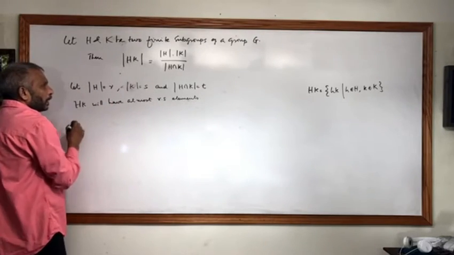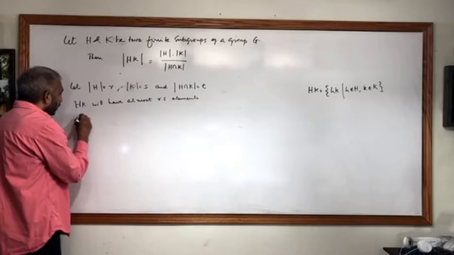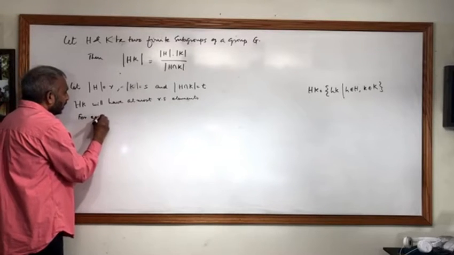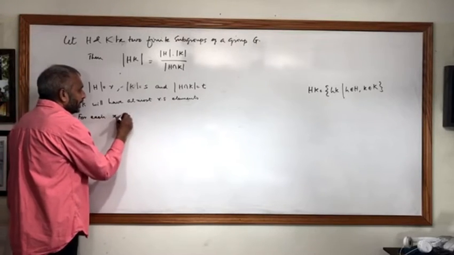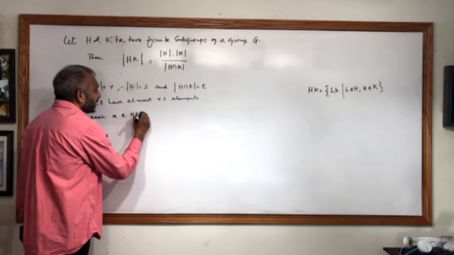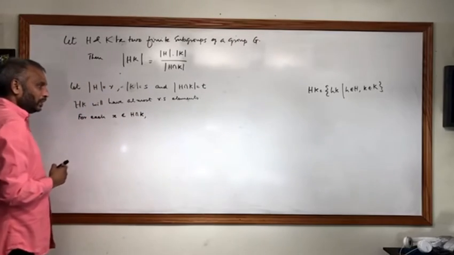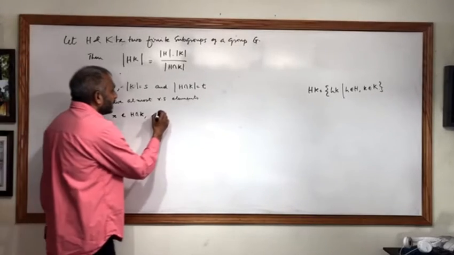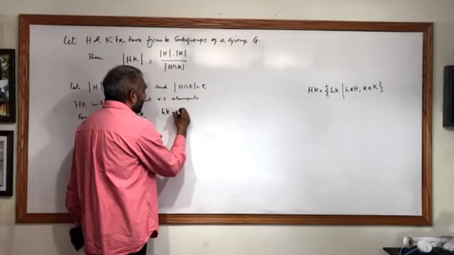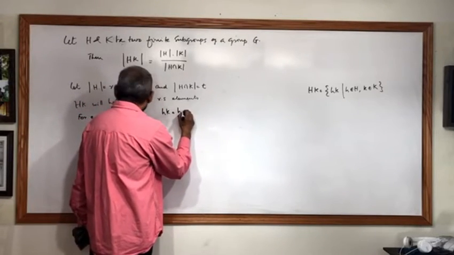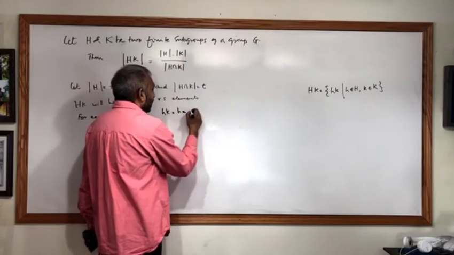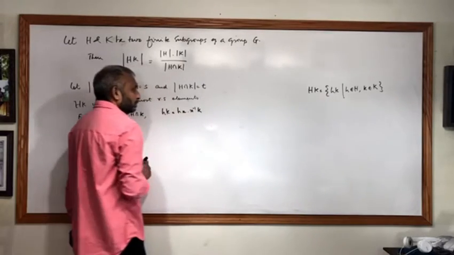So for each x in H intersection K, we can write hk as hx times x inverse k.